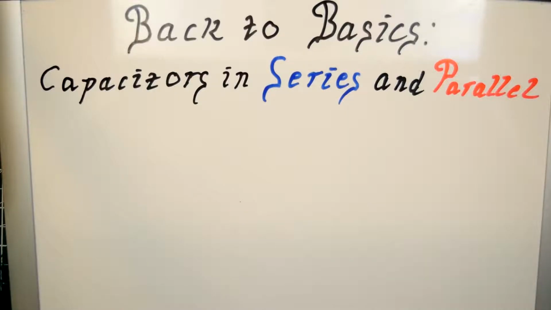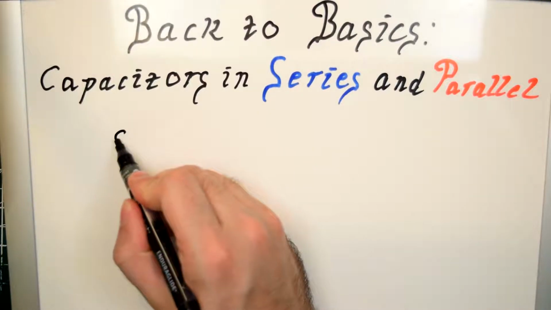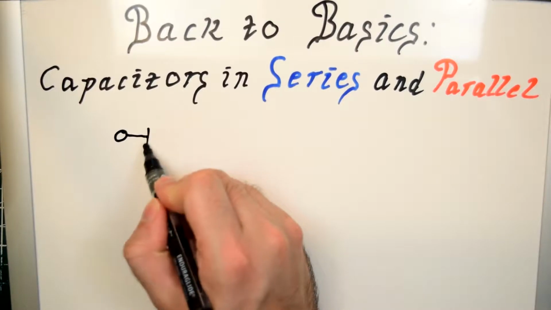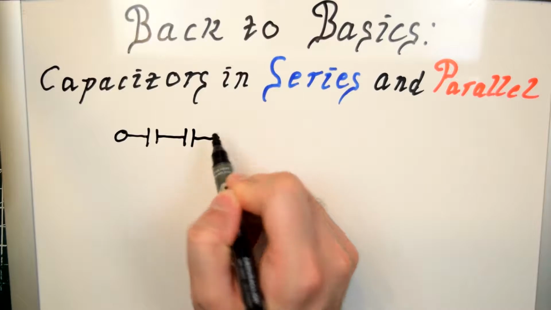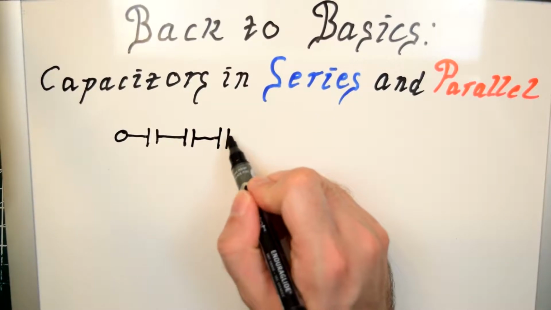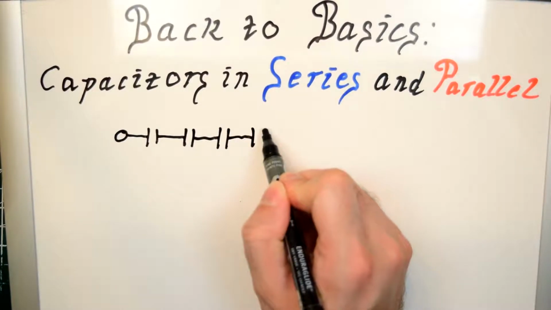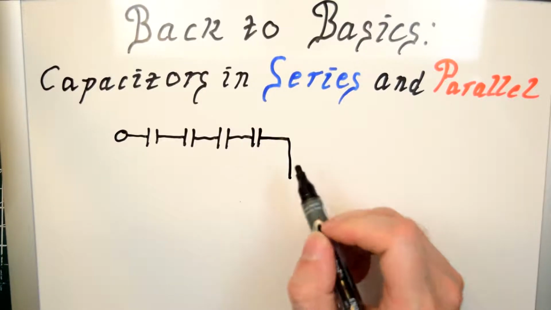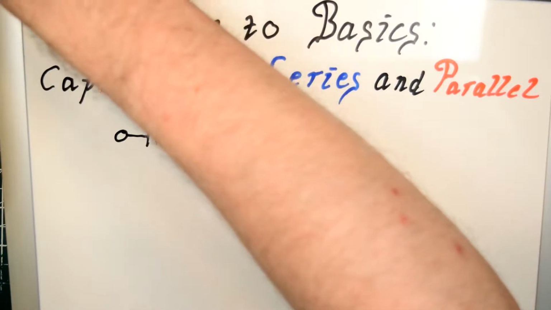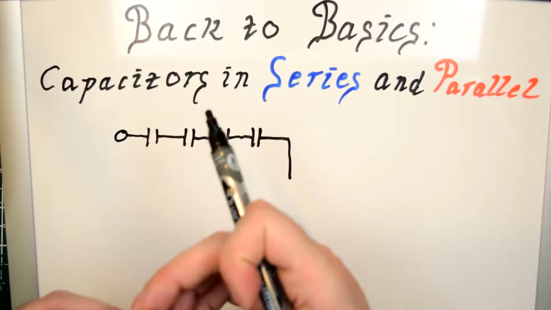So let's start with capacitors in series. Now I know I'm not drawing electrolytics here, even though I'm using electrolytics in the example, but we'll overlook that for the time being. So, let's start with this one. This one was what? 100 micro.